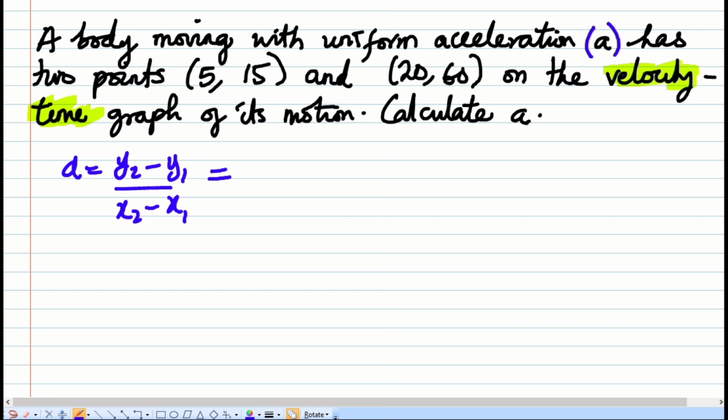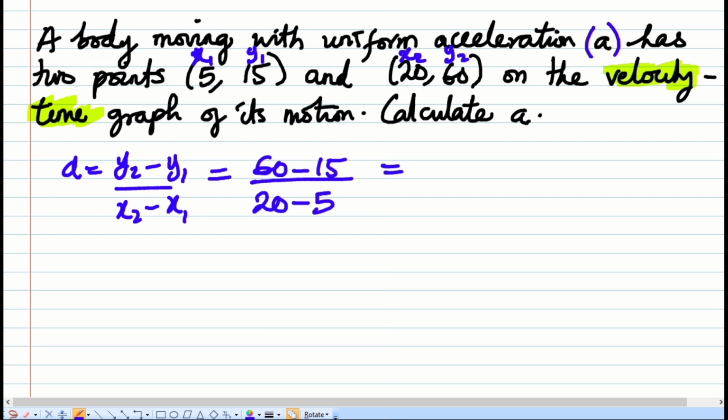So we're going to put in values for the coordinates. This is our y1, this is our x1, because that's the way coordinates are represented, and this is y2 and x2. So let's put in the values: y2 is 60 minus y1, which is 15, all over x2, which is 20, minus x1, which is 5.